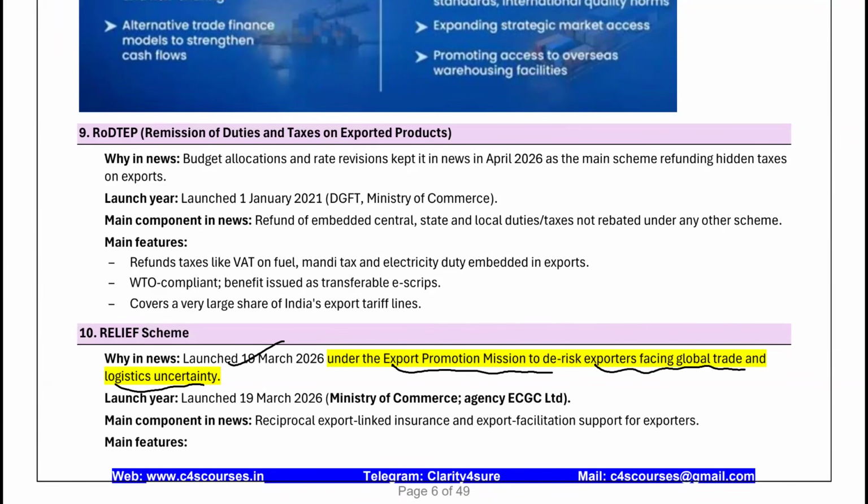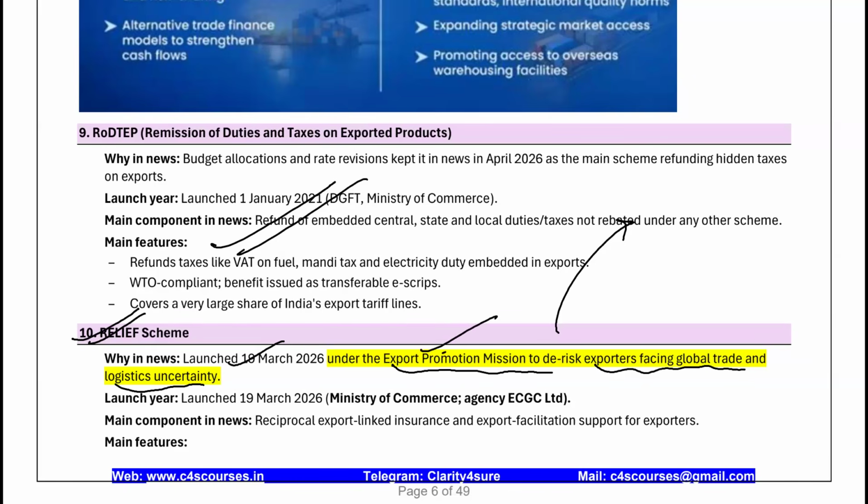Are you all getting my point? That's why these things are very much in the picture, right? Now the launch year, obviously which ministry will come into this scheme also? Relief scheme के लिए which ministry? Ministry of Commerce will only come into the picture. So key point आपको please note it down. Key point is insurance support for exporters.